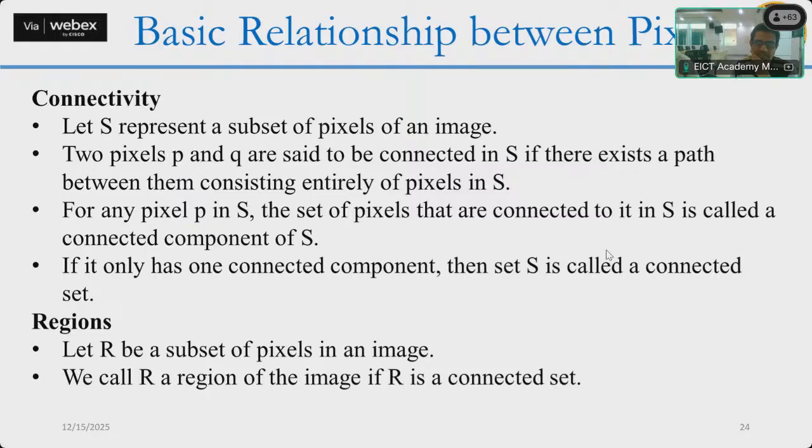Now coming to the part connectivity, the neighbors are there. Sometimes it is based upon the location, sometimes it is based upon the intensity. Ambiguity means that there is more than the required relationship.